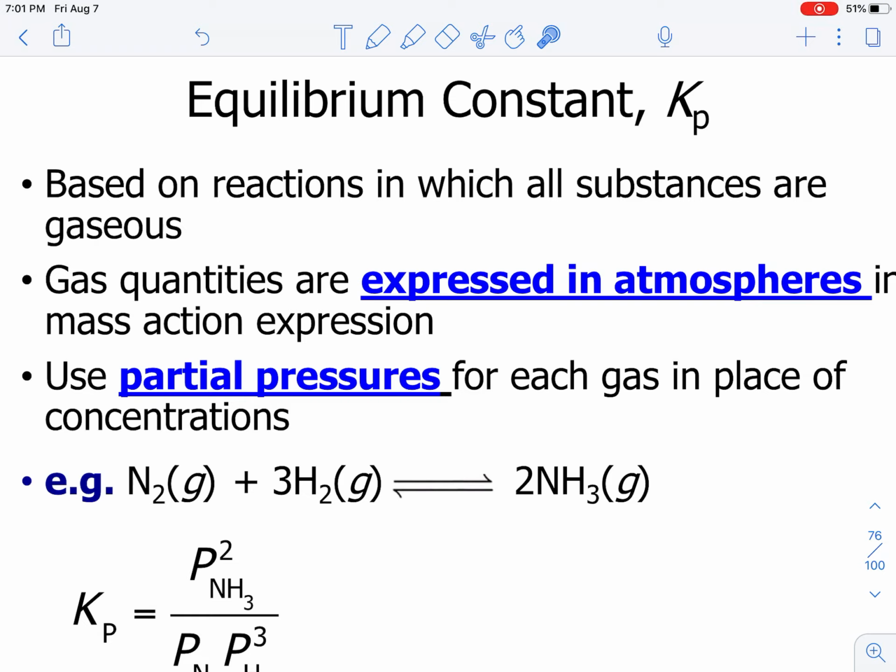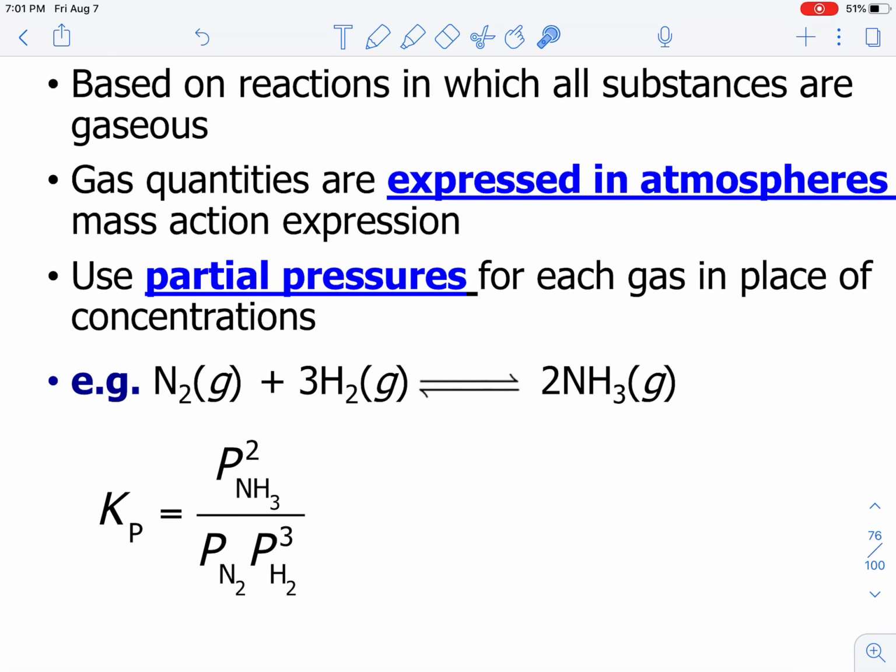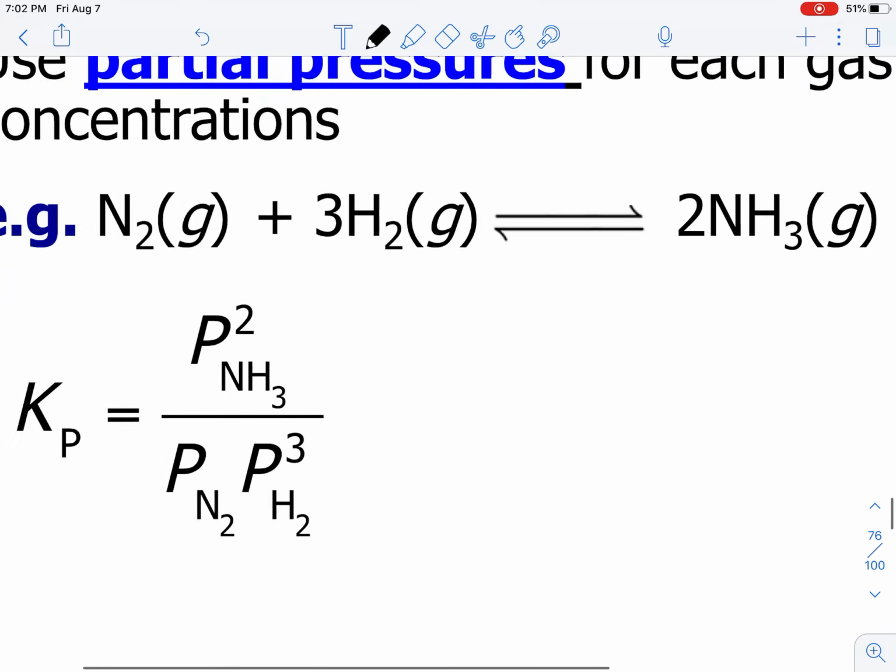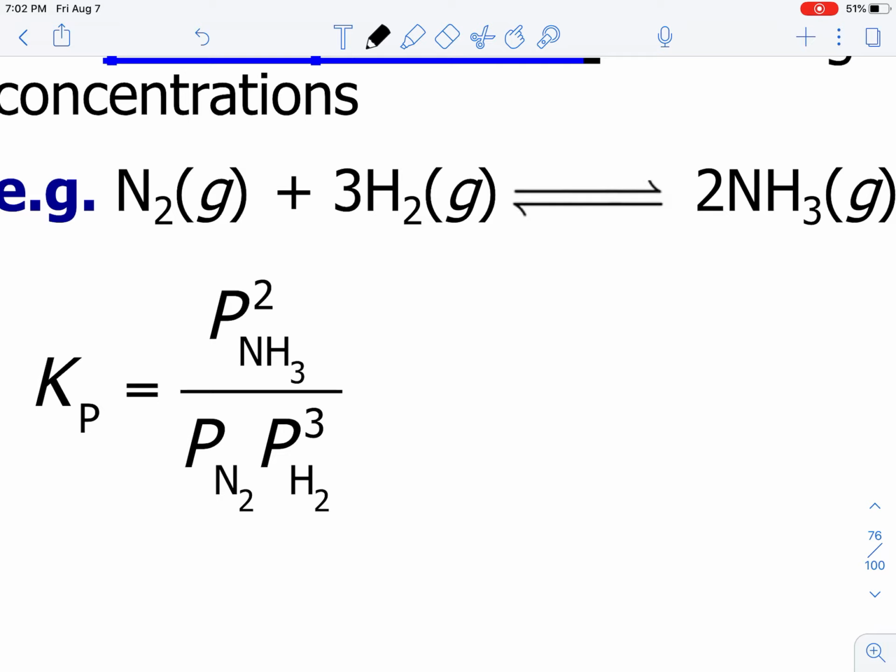Gases can also be described by using their partial pressures in a mass action expression, such that if we have this chemical reaction, the partial pressure of ammonia over the partial pressure of the two reactants, which are N2 and H2 gas, is equal to the equilibrium constant Kp, where P is going to signify to the reader that the unit is in partial pressure units, not concentration units.